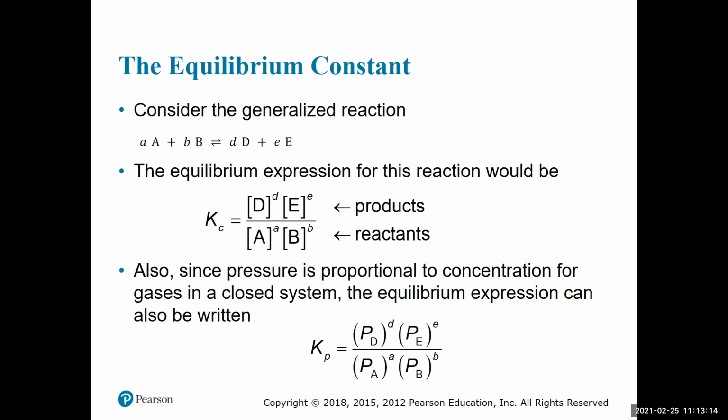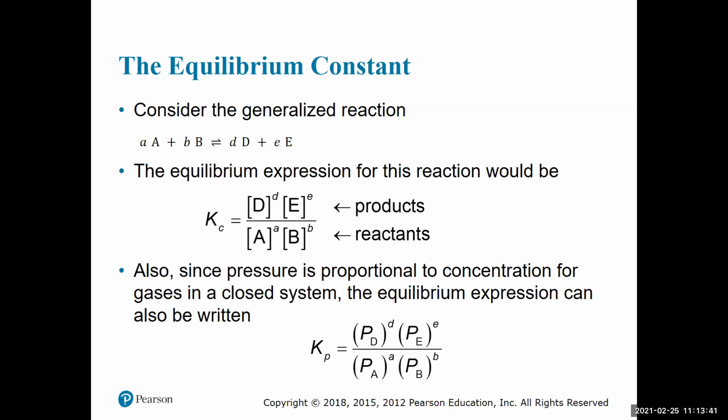So just to repeat what I told you a little bit before. If we think of that equilibrium constant and how we calculate it, if we just look at it like a generic A plus B equals D plus E reaction, if we want to write that equilibrium expression, it's the product of the products divided by the product of the reactants.